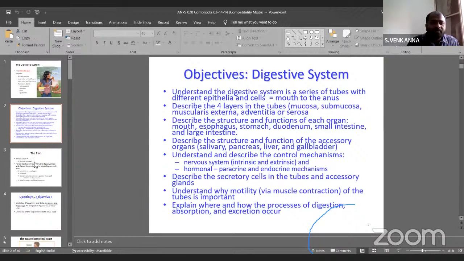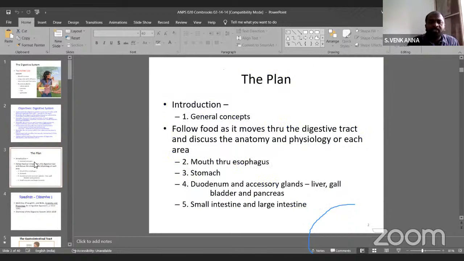Next slide, the plan. What is the digestive system plan? The internal hormones, the secretion of glands, pancreas mechanisms, nerve impulses, and nerve mechanisms help here.